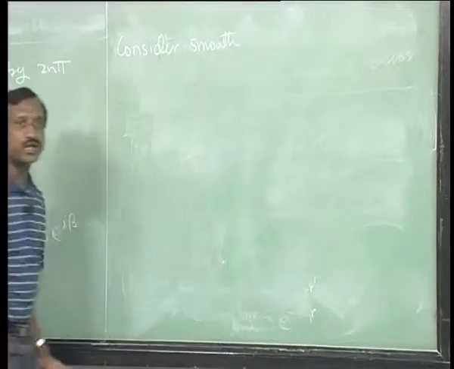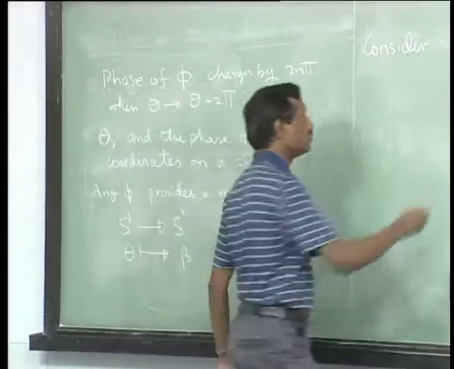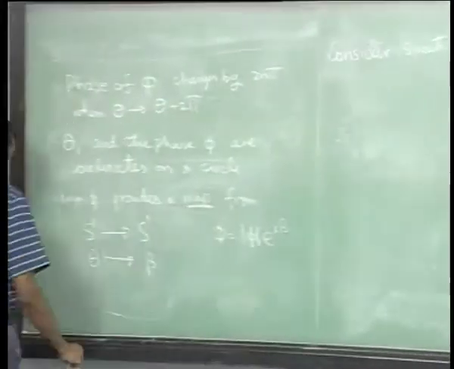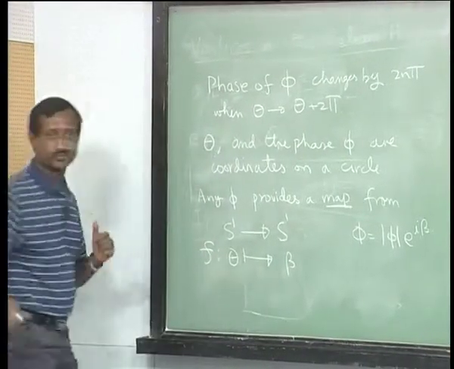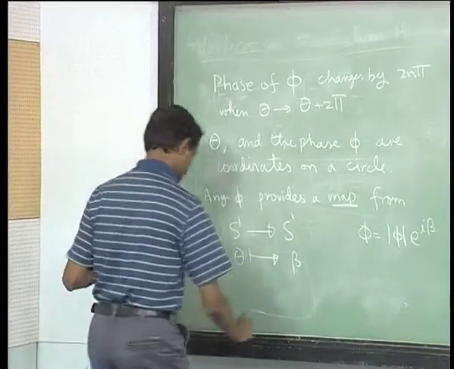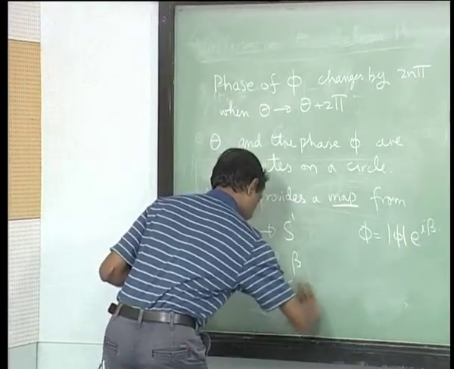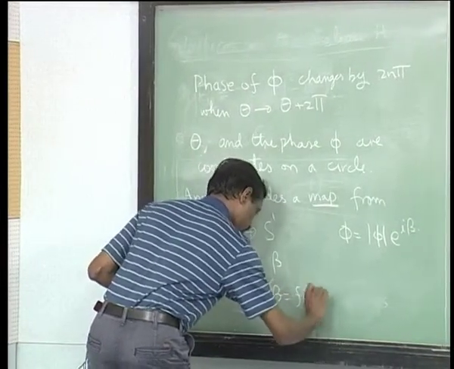Smooth here means just continuous, not even derivatives need be there. Let us call such a map F, where F is nothing but f of theta. So, we write this as beta equal to f of theta.